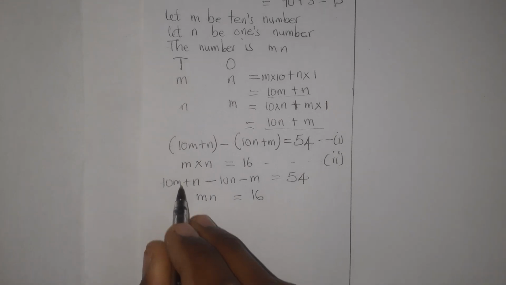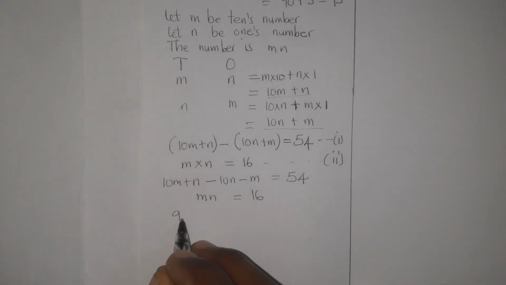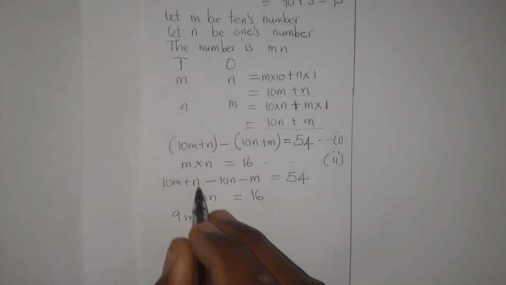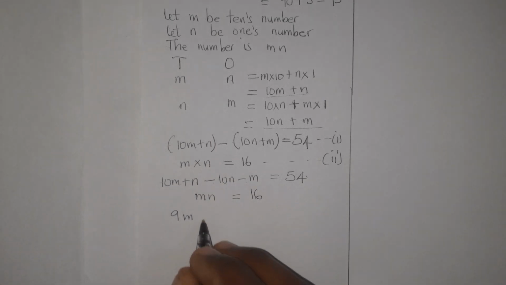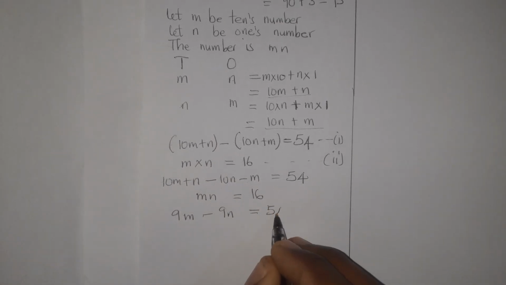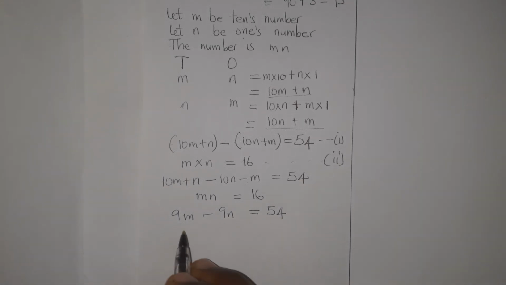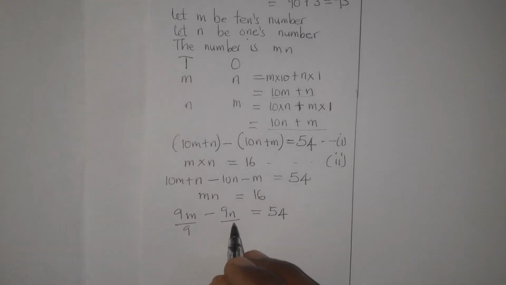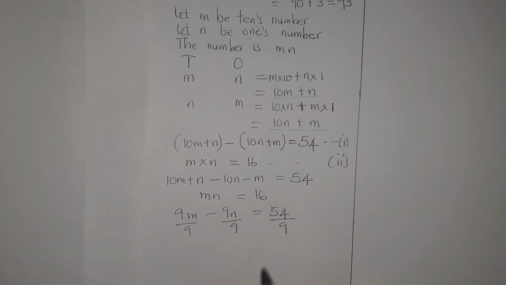Now 10m minus m is 9m, and n minus 10n is negative 9n, giving 54. We can simplify this by finding the common factor, which is 9. We divide each term by 9 to simplify.